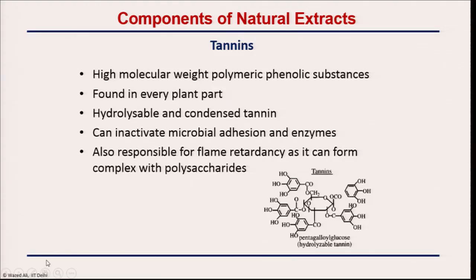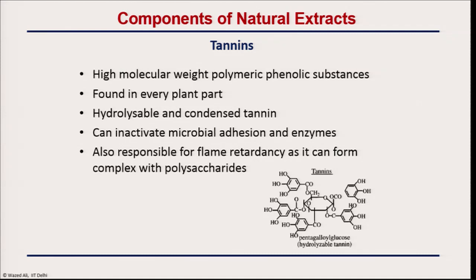Tannin is another major compound present in plant material, and there are two forms of tannin, one is hydrolyzable tannin, another one is condensed tannin, and this particular tannin compound has some particular color as well. So, it can give natural color to the textile material. At the same time, these tannin compounds have a beautiful fire retardant property.